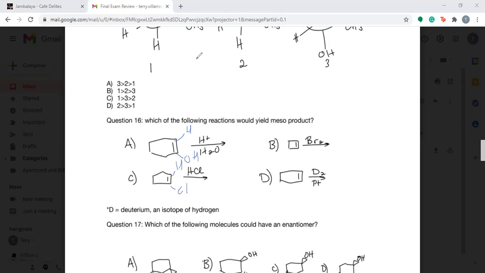In B, you're going to add 2 bromines, but 1 bromine will be a wedge and 1 bromine is going to be a dash. When you do D2, which is deuterium, an isotope of hydrogen, you are going to add the deuteriums in a syn addition. So now it should be this one. So your answer should be D.